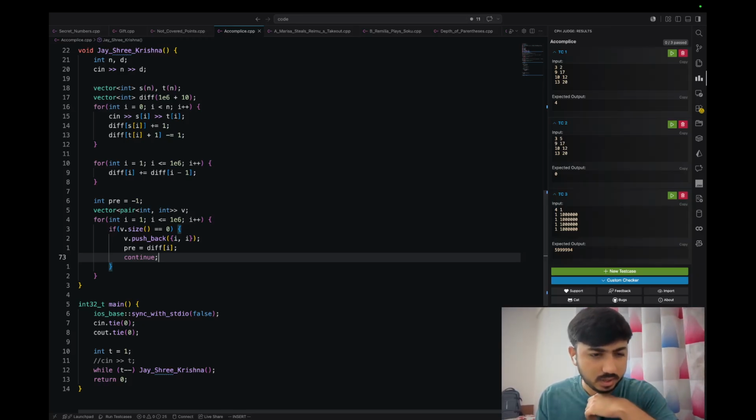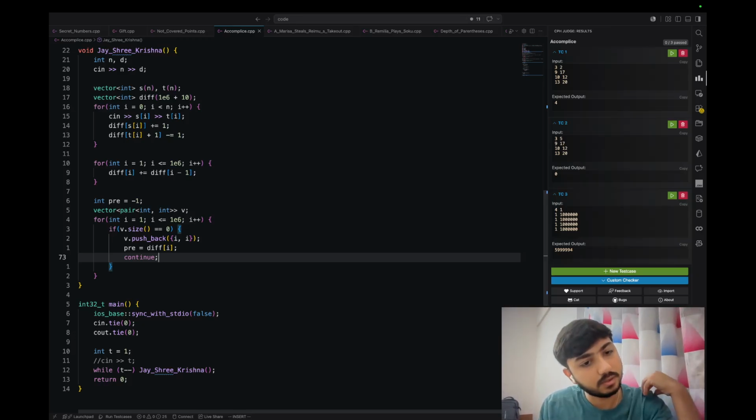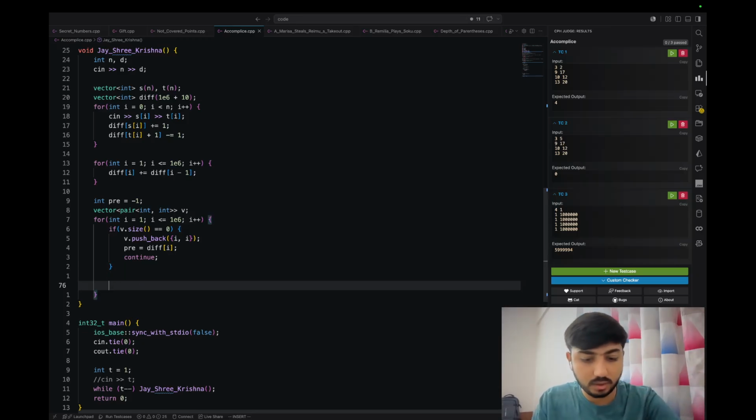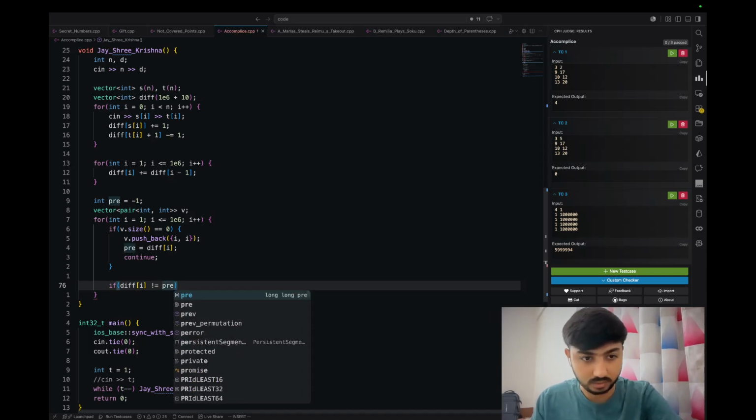Okay, this is correct, right? Because this is the first interval. Now what we have to check is if difference of I is not equal to previous, that means it's a new start. Yeah.